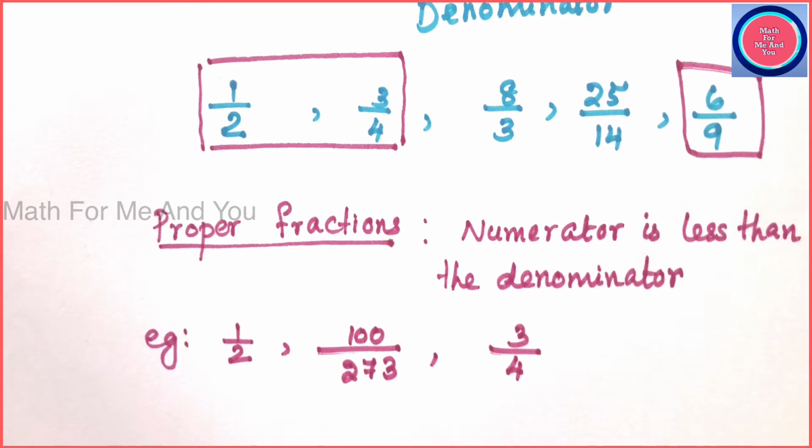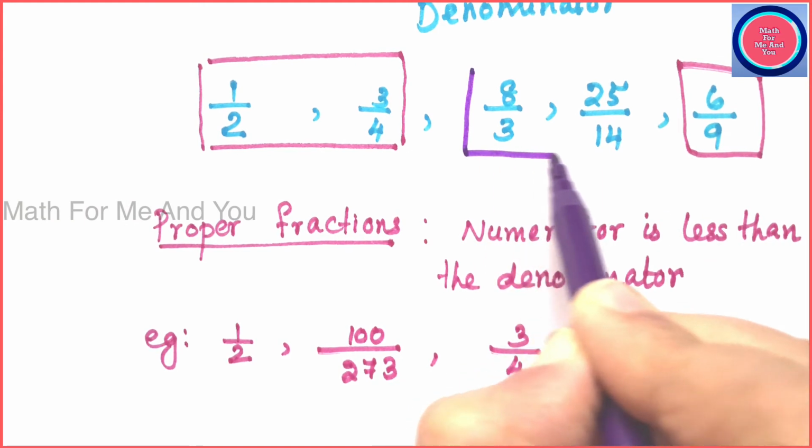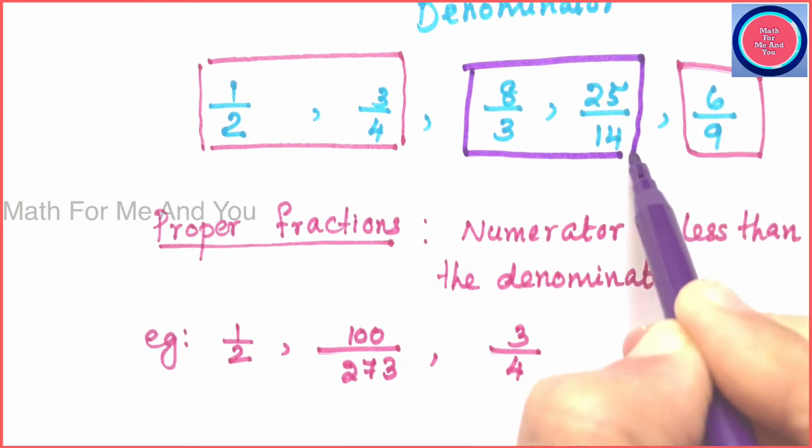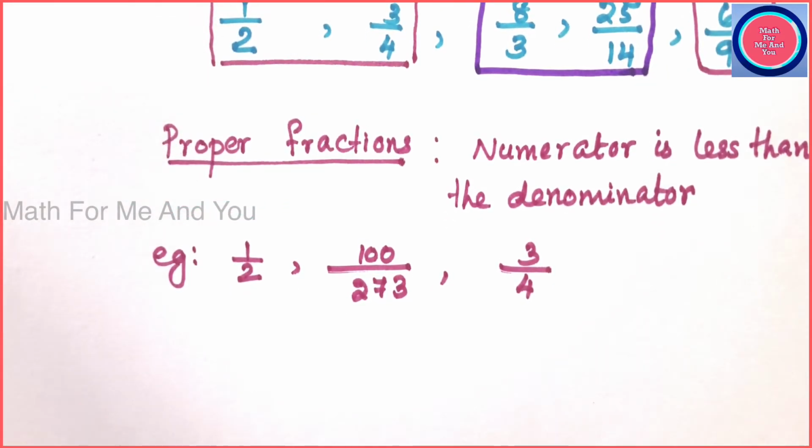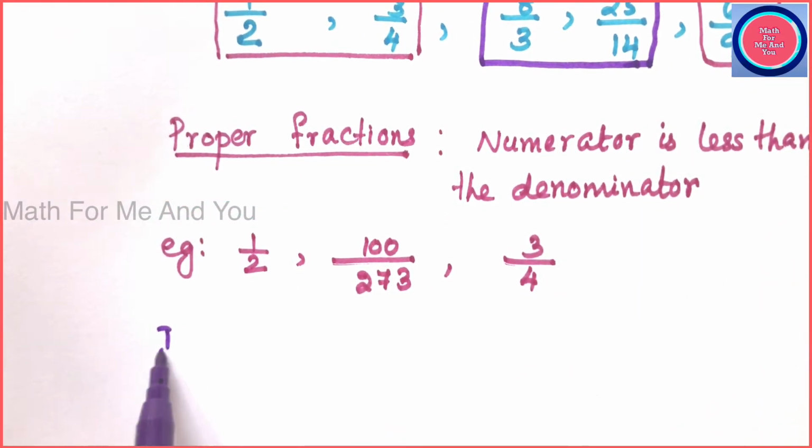Next, the opposite. That means if the denominator is a small number and the numerator is a larger number, then what's the name of the fractions? See here, you can see the numerators are larger numbers than the denominators. This type of fractions are called improper fractions.